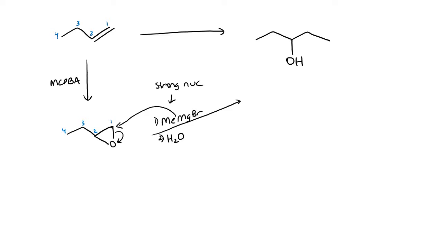So now the oxygen is going to remain on carbon number 2. Then we will go ahead and protonate that oxygen. So if we look at what's actually happening in our final product, we will verify that our alcohol group is on carbon number 2. Okay, so 2 different methods to form the same product from the same reactant.